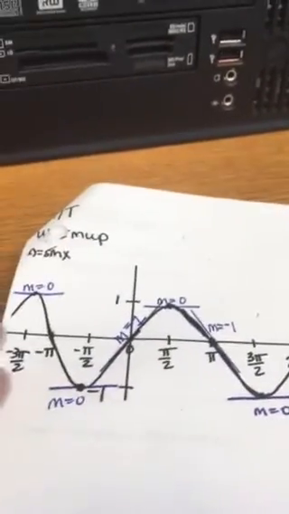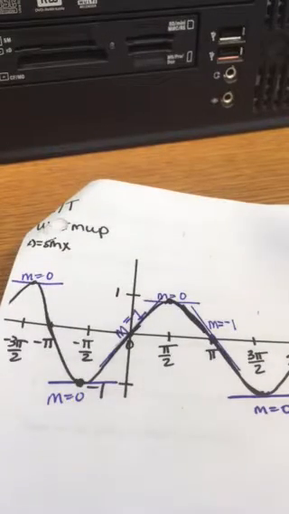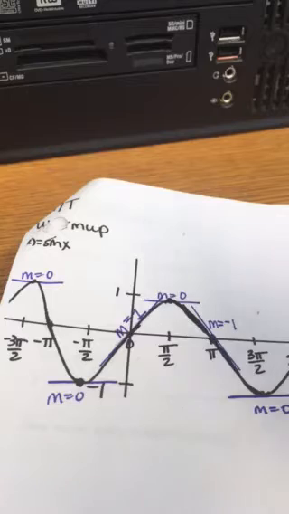So I attached an applet to the Google Classroom. So do look at it. You can move the sine and cosine around. You can look at it and they show you different parts of the sine and cosine curve. And they show you why, like what the slope would be at this point and what the slope would be at this point.